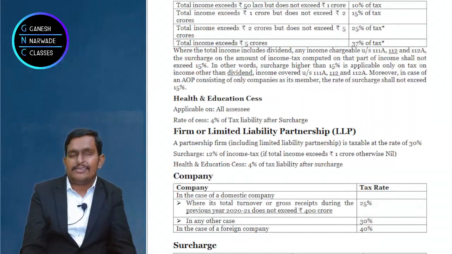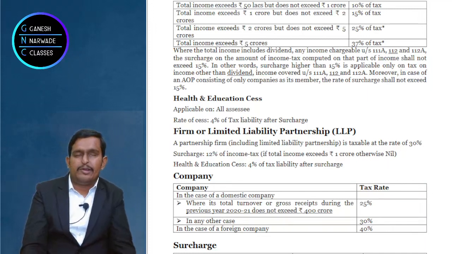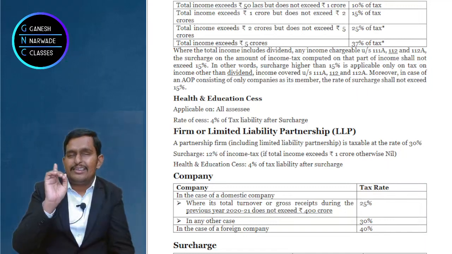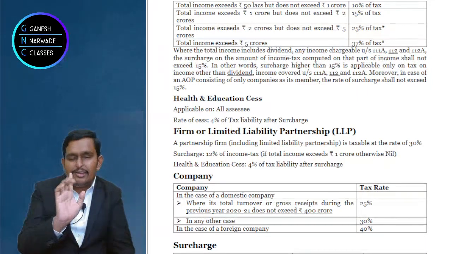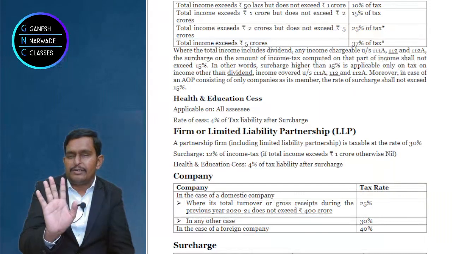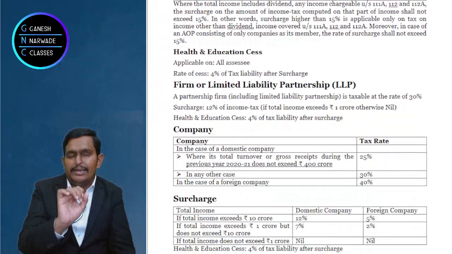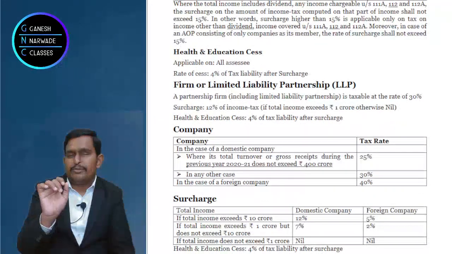For all such assets, if it is long term, based on the period what is applicable to them, we will study in the capital gains chapter. Here you don't focus on the period. Is it long term capital gains from buildings or from jewelry, or many other assets, then it is taxed under 112.